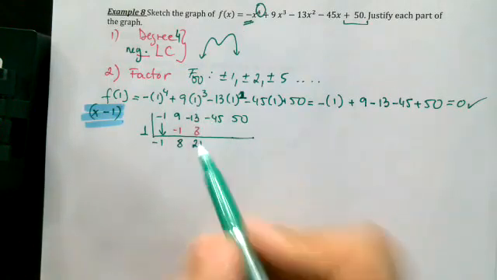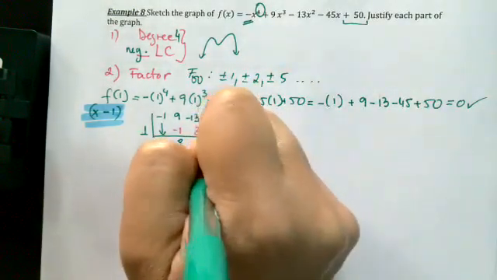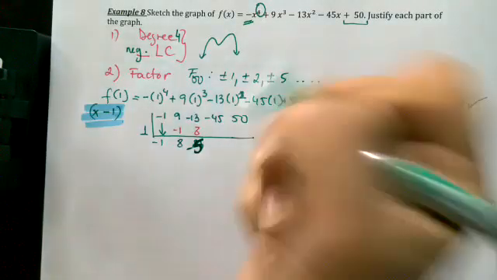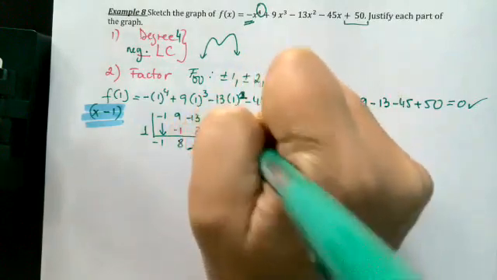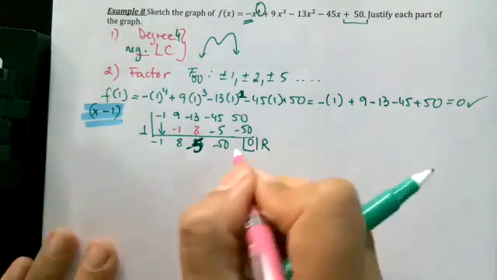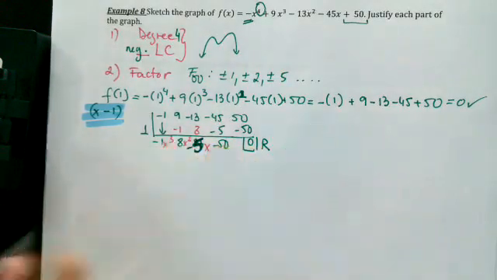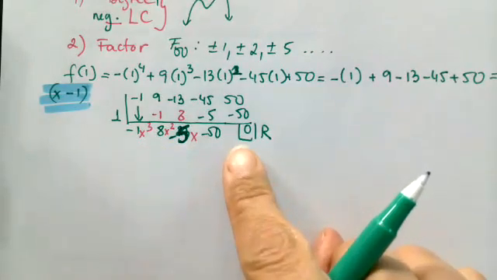Then we have negative 13 plus 8, that's negative 5. 1 times negative 5 is negative 5, so negative 50, we got it. Putting on the x's: no x, x squared, x cubed. That's what remains to be factored.